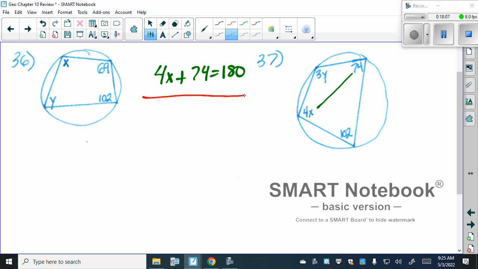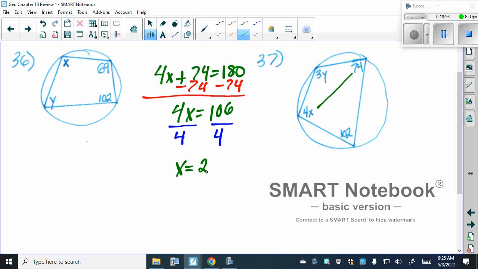We can subtract 74 from both sides, telling us 4x is equal to 106. Then we can divide by 4, telling us x is equal to 26.5.